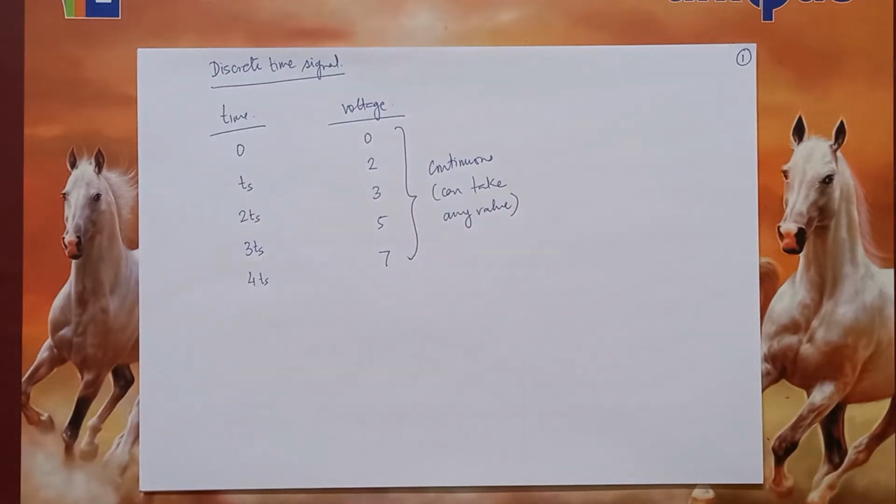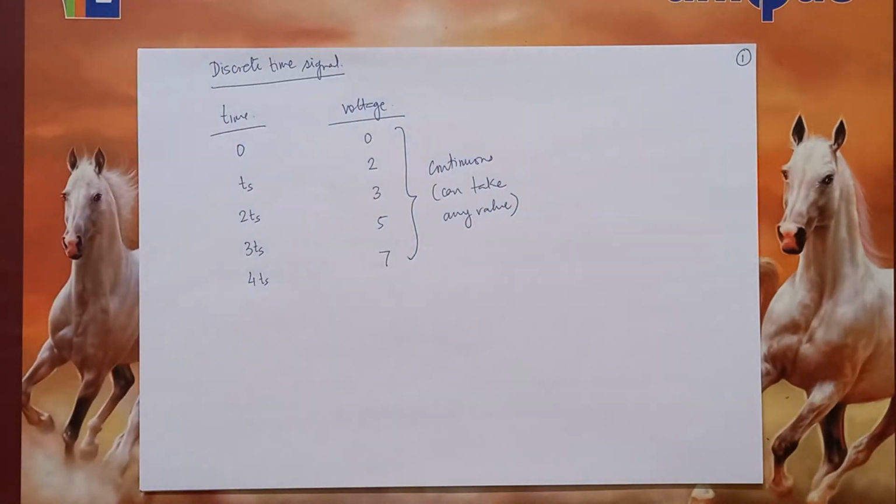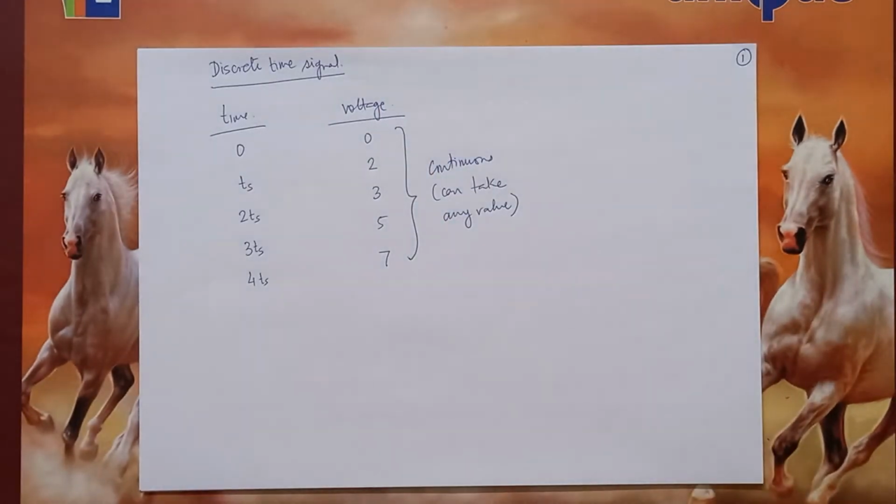So therefore, the next question is that whatever be the voltage value, whether it is an integer or a floating number, can these voltages be represented in a certain way by using fixed or known voltages?